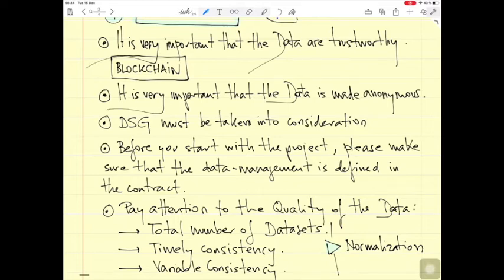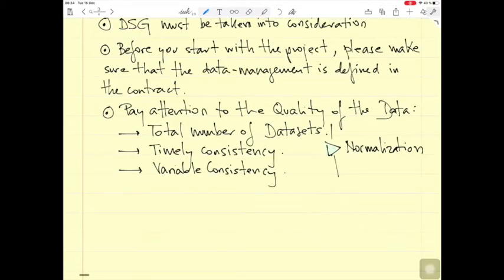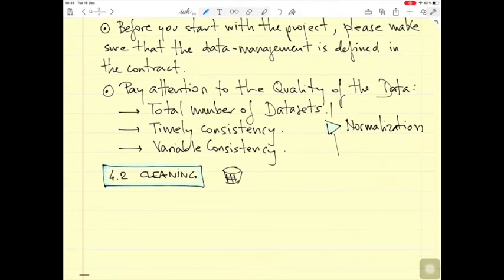Once we have selected the data, we continue. 4.2 with cleaning. Okay. Typically, when we get data, they are not clean. So we need to ask how many variables are there.